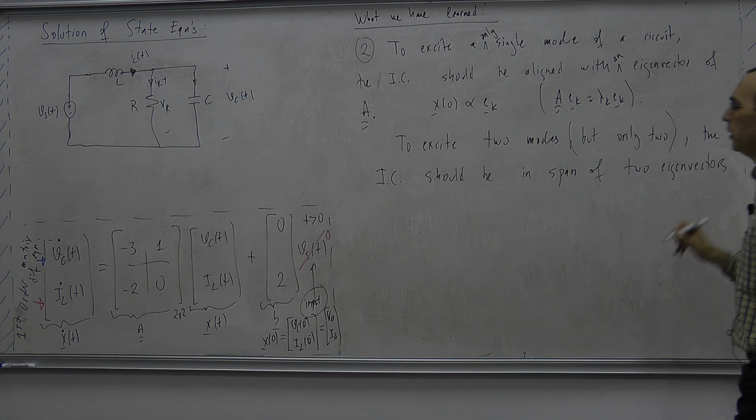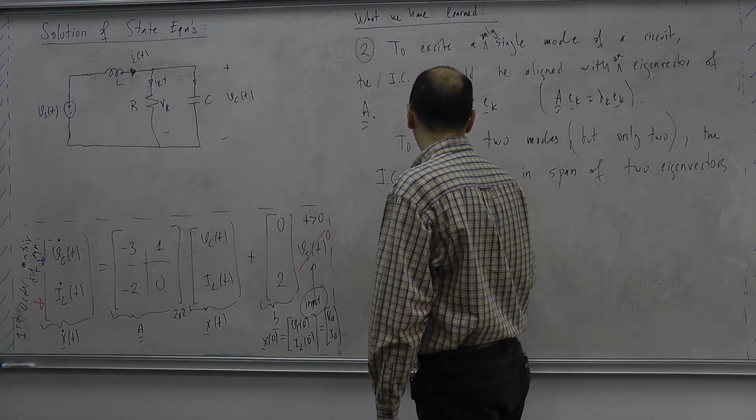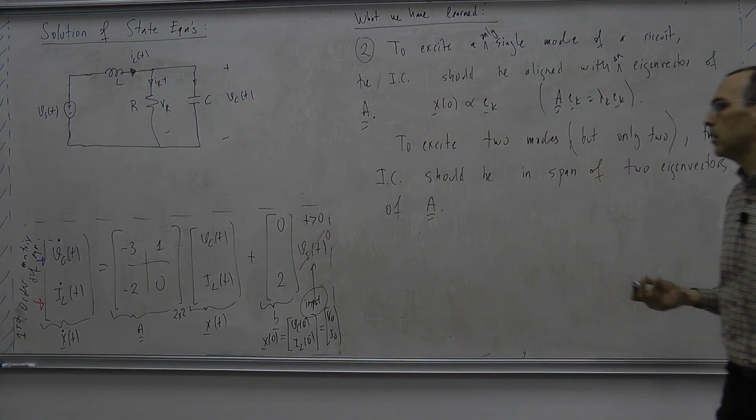So we have learned the meaning of span. Two eigenvectors of A. So how can I say so?